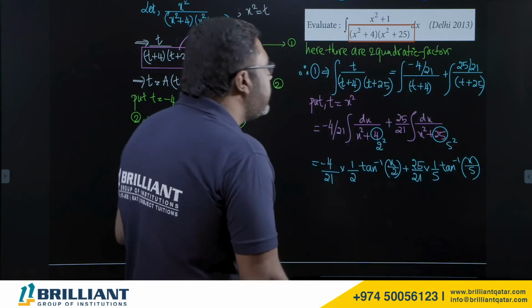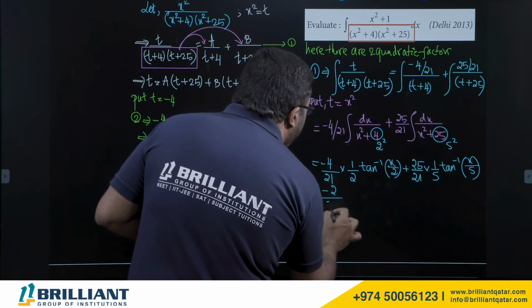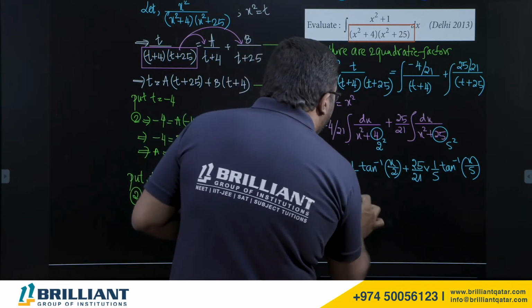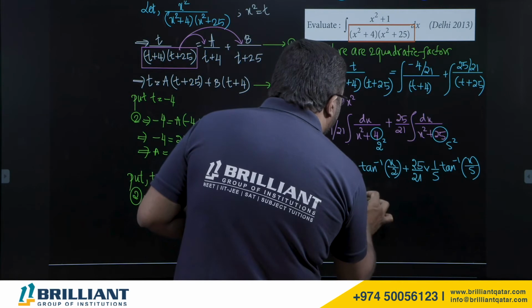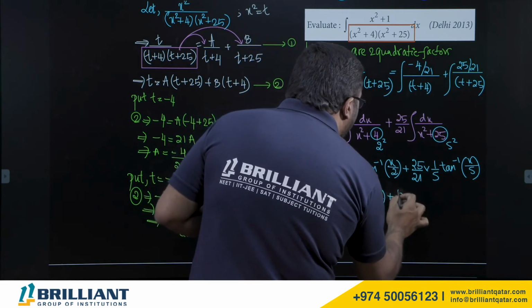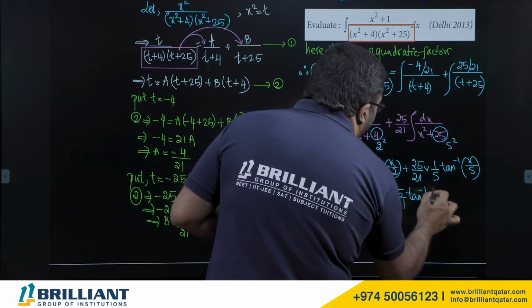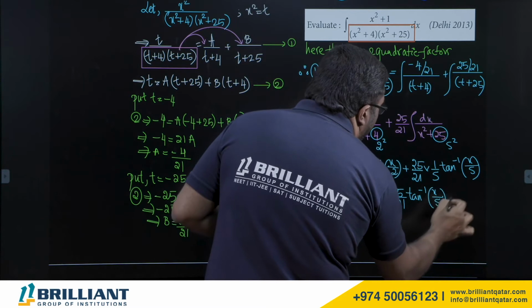So that is equal to minus 2 by 21 tan inverse x by 2 plus 5 by 21 tan inverse x by 5 plus c.